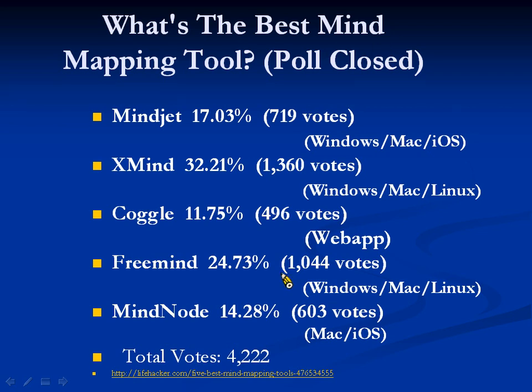From this list, we can see that Freemind is one of the most popular tools, and actually it ranks second among the list. So who is number one? From this list, you can see that Xmind is number one. It got the most votes, and both Freemind and Xmind can be used for Windows or Mac or Linux.